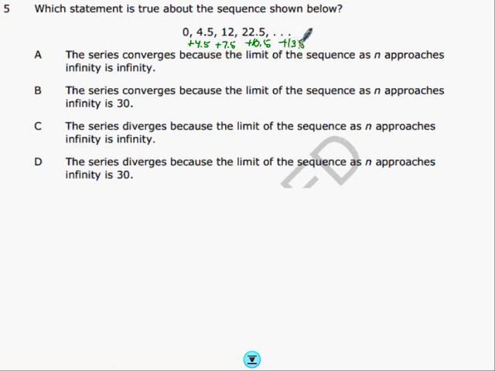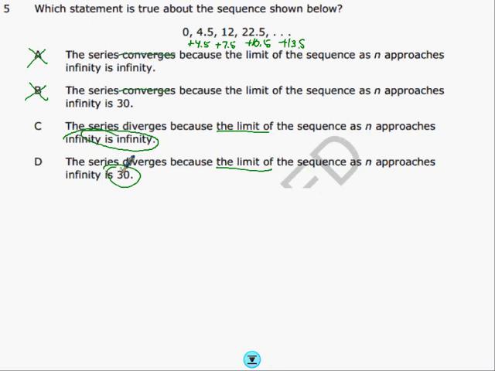In any case, it's clearly getting bigger and bigger and bigger. It's worse than an arithmetic sequence, and so clearly this diverges, right? Arithmetic series diverge, and so it doesn't converge. So it's not A, it's not B. Let's look at the reason why. Now we're talking about limits, and we didn't have time to cover limits. But nevertheless, this is either the limit approaches infinity, or is infinity, or the limit is 30.